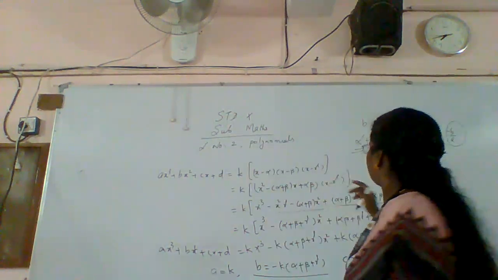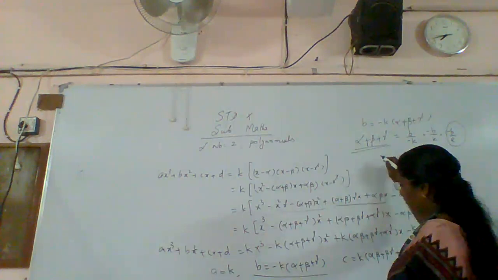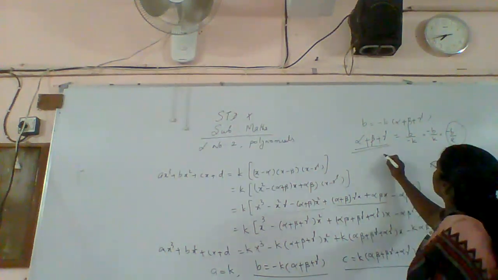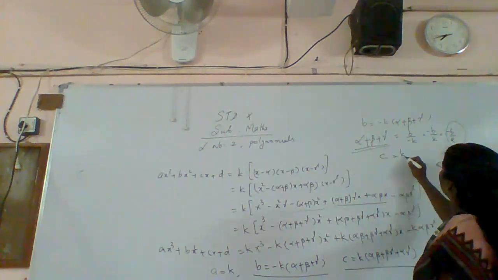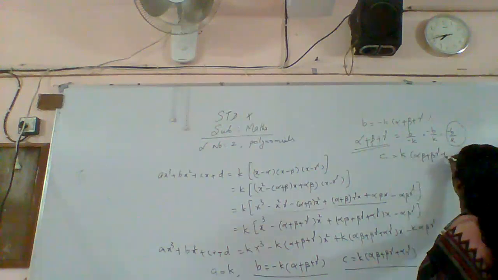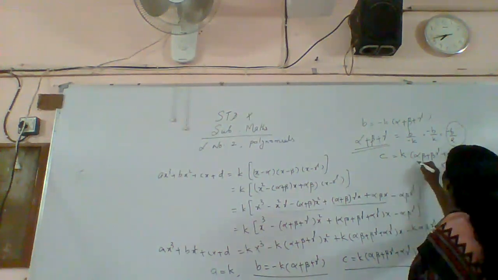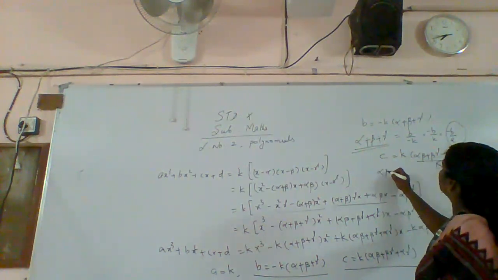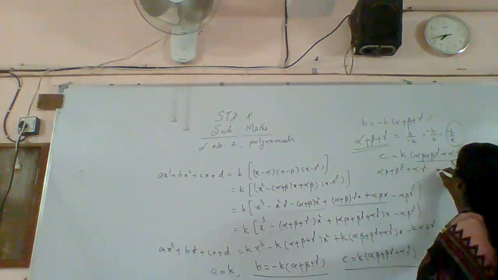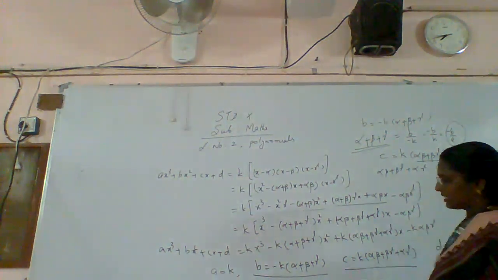Next, compare the coefficients. Here you want to find this term. C is equal to k into (alpha beta plus beta gamma plus alpha gamma). Therefore, alpha beta plus beta gamma plus alpha gamma is equal to c by k, and k is the same as a.